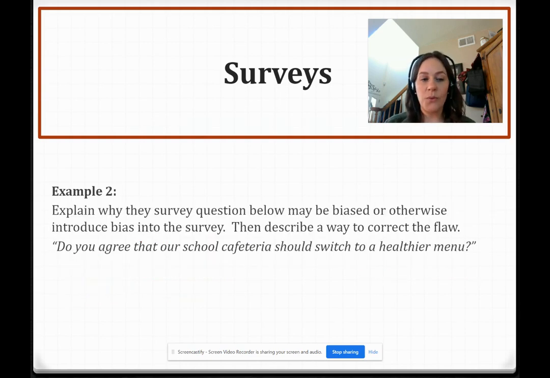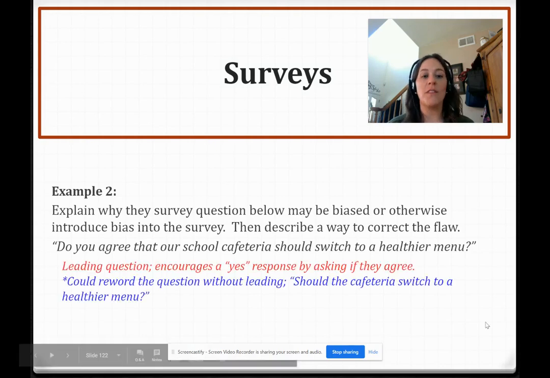Here's example 2. Explain why the survey question below may be biased or otherwise introduce bias into the survey. Then describe a way to correct the flaw. Do you agree that our school cafeteria should switch to a healthier menu? Well, when you hear that question, hopefully you realize that it's kind of insinuating that you should agree.